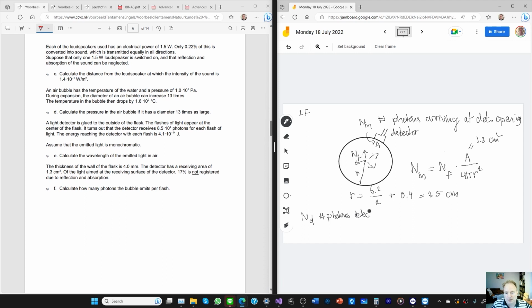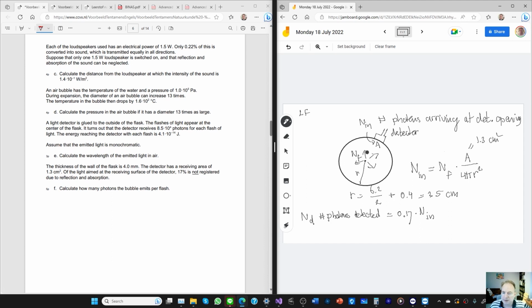So detected. And that's actually the number given here, 8.5 times 10 to the power 4. But it's equal to 0.17 times n in.